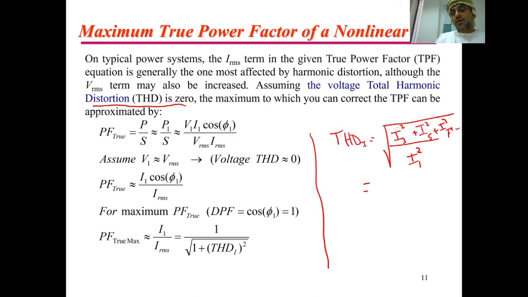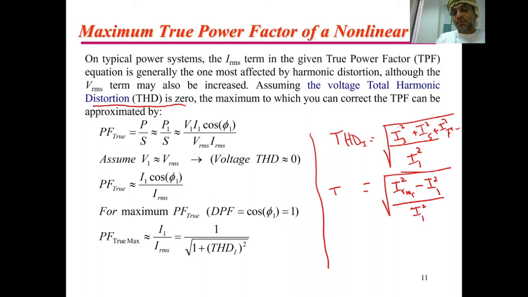Now if we take all those harmonics, I3 squared, so the root mean square of the third harmonic, the root mean square of the fifth, and so on, those can also be written as the total root mean square current minus the fundamental current, since the total root mean square current will be equal to the fundamental plus all the harmonics, divided by I1 squared.